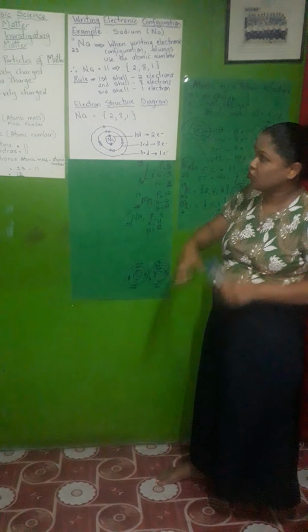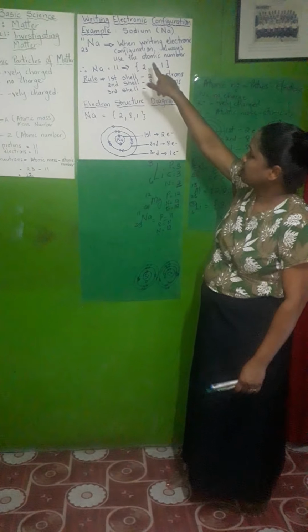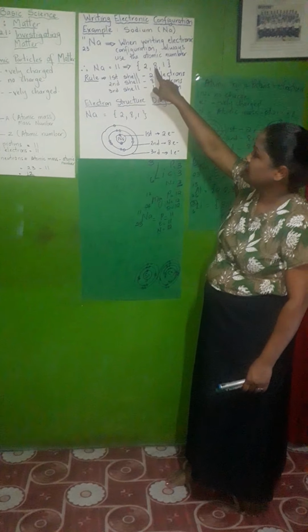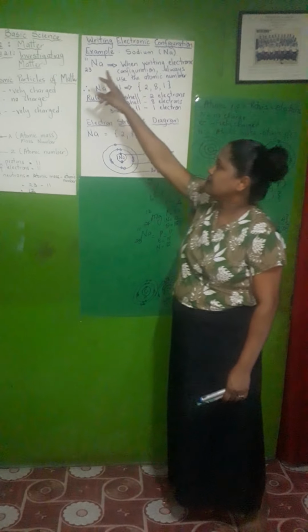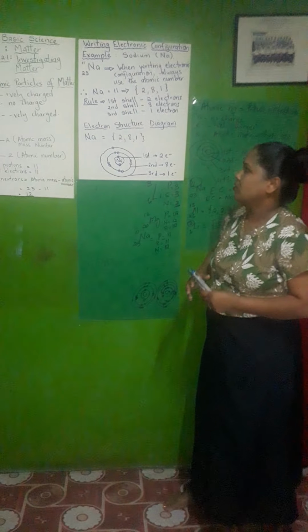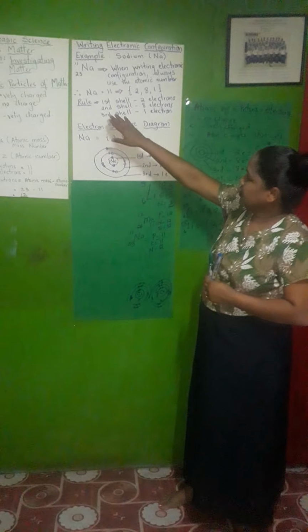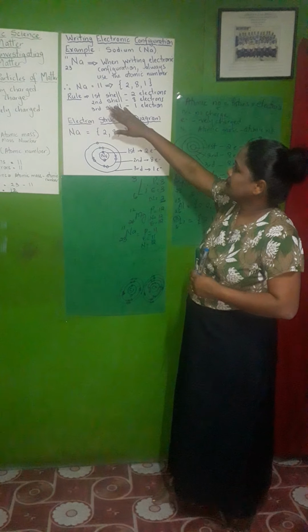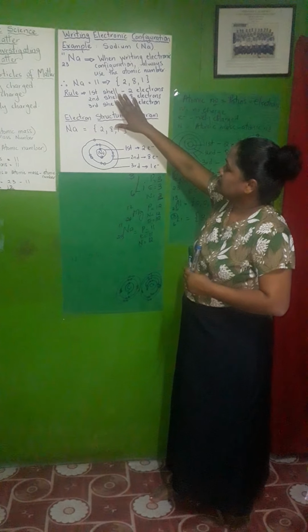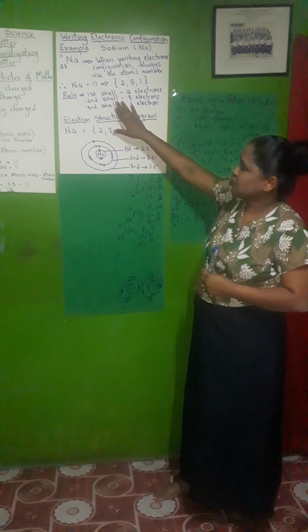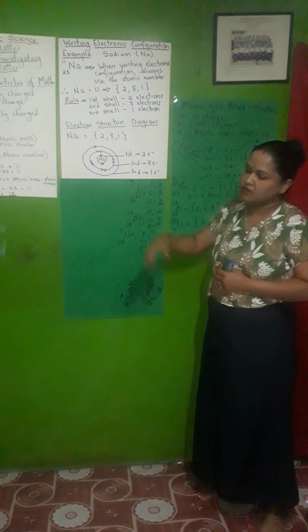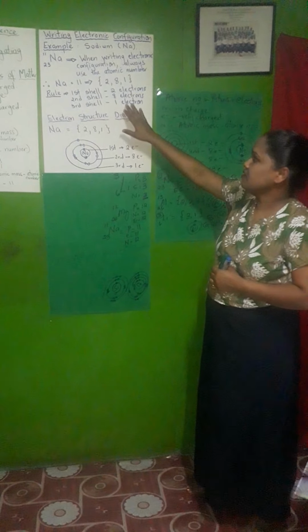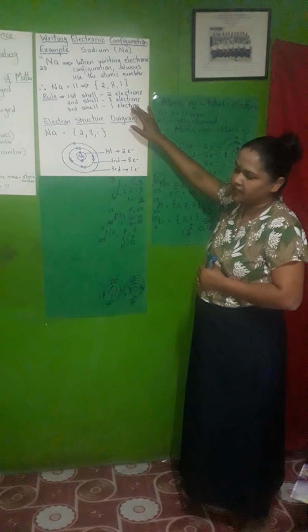The first shell can occupy 2 electrons, the second shell can occupy 8 electrons, and the third shell will only occupy 1 electron, as this number is very small. So there is the rule for deducing the number of electrons in the shells. So in sodium, the first shell will have 2 electrons, second one will have 8 electrons, and the last one will have just 1 electron.